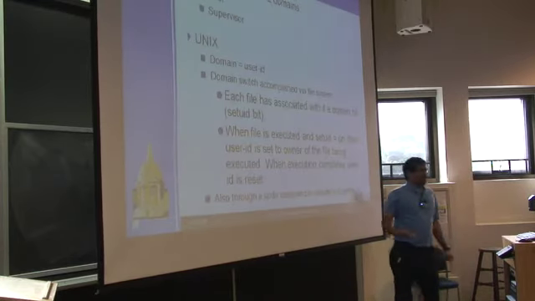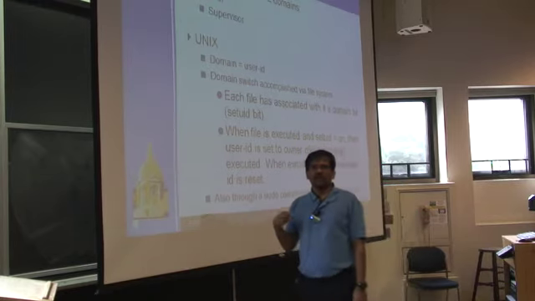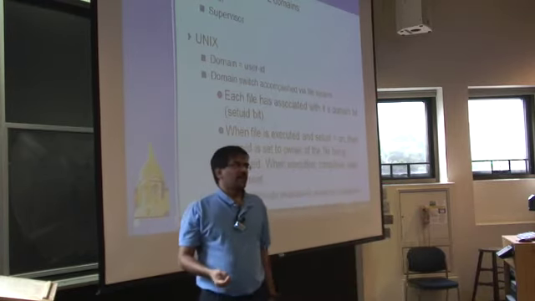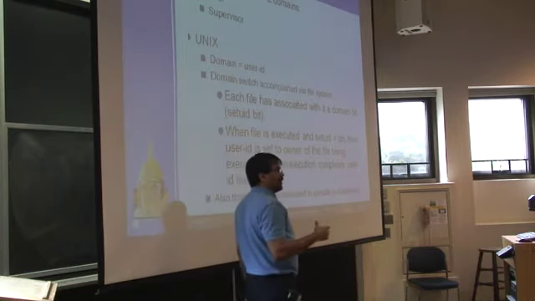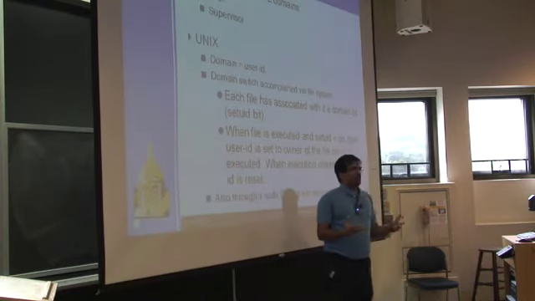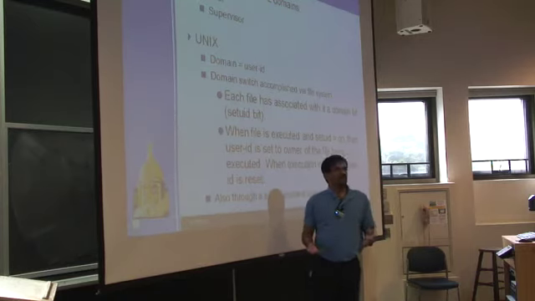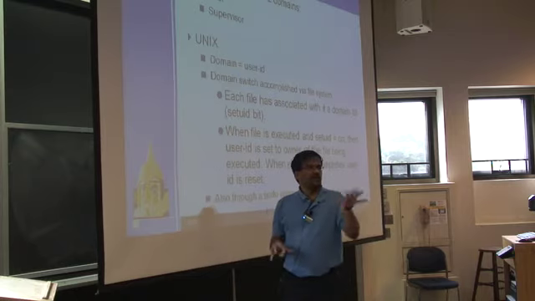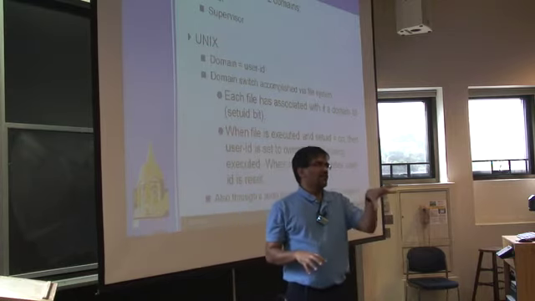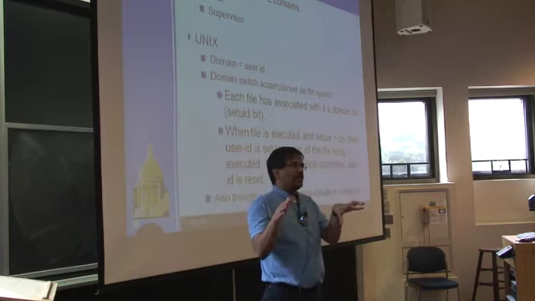To make it more concrete, a domain maps in, say, Unix, to a user, right? So when you talk about domain, it's actually the user. So when you log in, you're logged in as a user, right? You think of it as you are logged in, but essentially from the system perspective, you are in this domain, you're operating in this domain. So when you're logged in as you, you're in this particular domain, and then I can figure out what you can do with the different files.